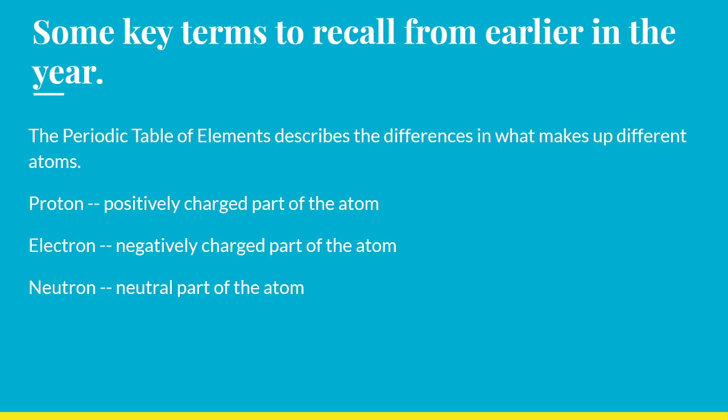So you have protons, those are the positively charged part of the atom. You have electrons, negatively charged part of the atom. And they have the neutron, which is not positive or negative. It's neutral. Protons and neutrons exist within the nucleus, and electrons orbit, in a sense, around the nucleus.